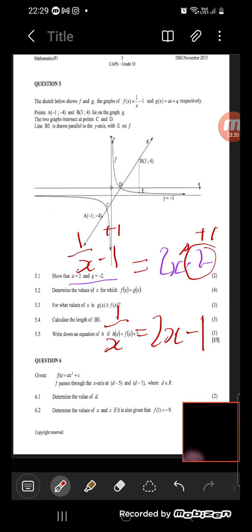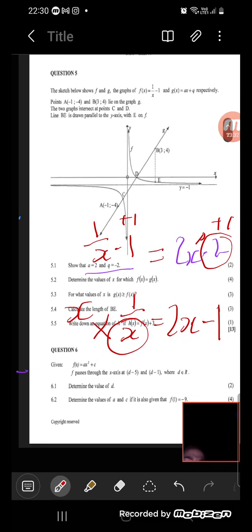So 2x minus 1. Now how do I get this x on its own, out of this fraction? This says 1 divided by x. So I've got to times the side by x over 1, then I've got to times this side by x over 1.